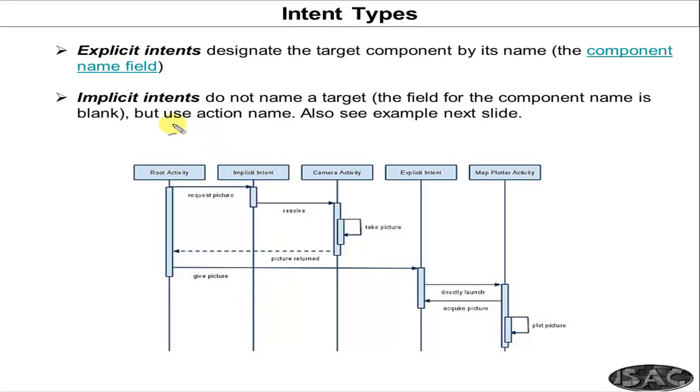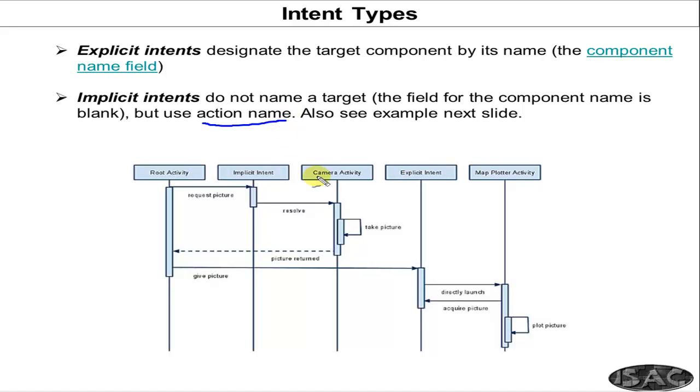So what they do is they say I want to take this action, and let Android figure out if there is any activity which is ready to handle this action. And how does an activity handle this action? Activities register themselves to this action, so that Android will know, okay, this activity is registered for this action, another activity is registered for another action, and that way.